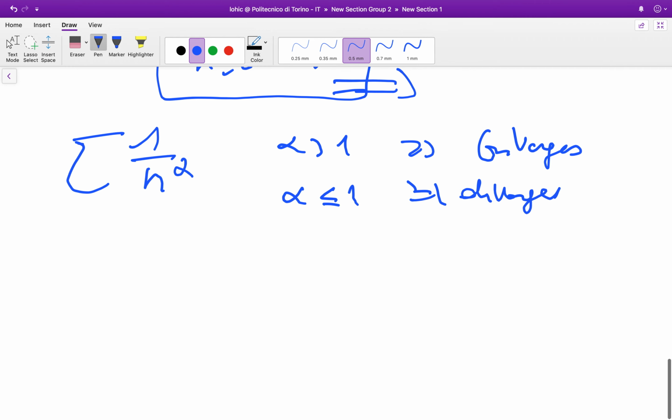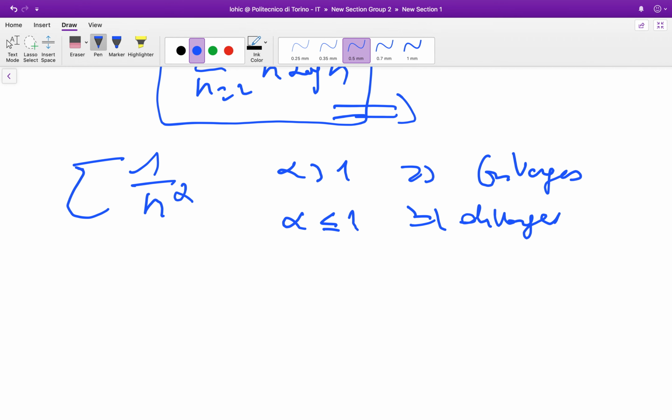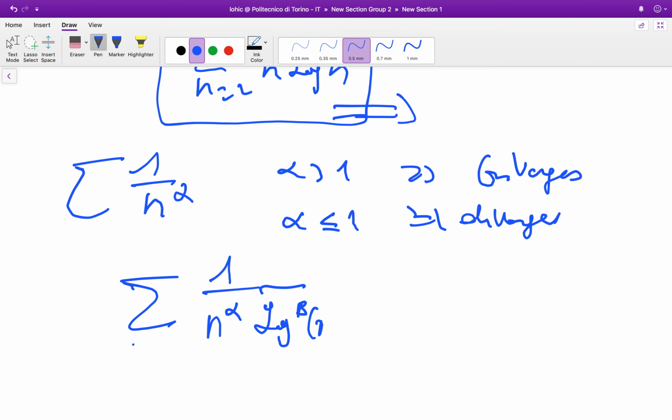It's like the improper integrals. But there is a more general criterion about 1 over n to the power alpha multiplied by the logarithm to the power beta of n. You saw it in class, yes or not?